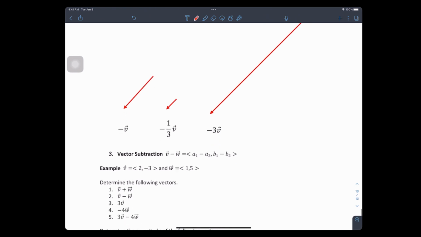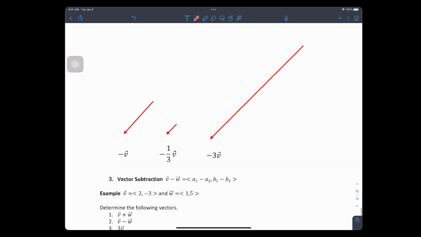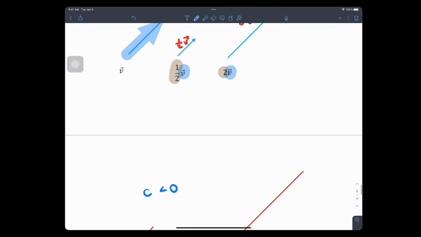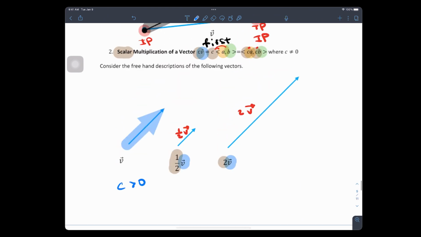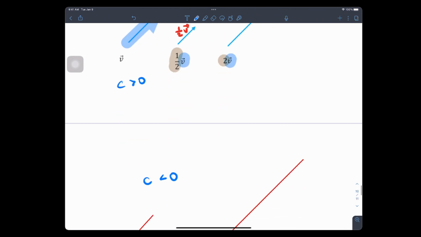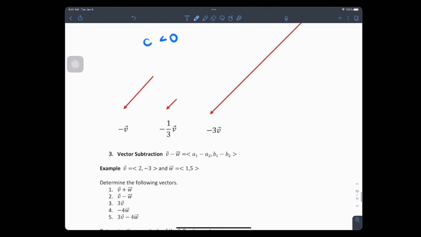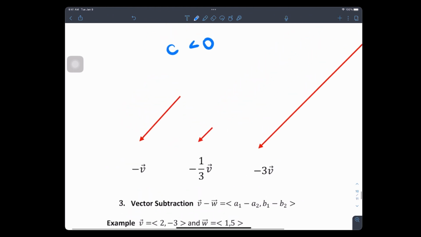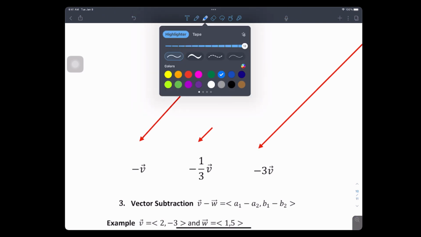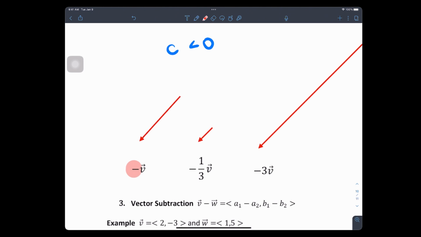Now, what can happen is that constant C can be negative. This is when the constant is positive. Okay, you got a constant. What happens when the constant's negative? Well, like in this example, the constant is negative. It switches your direction.